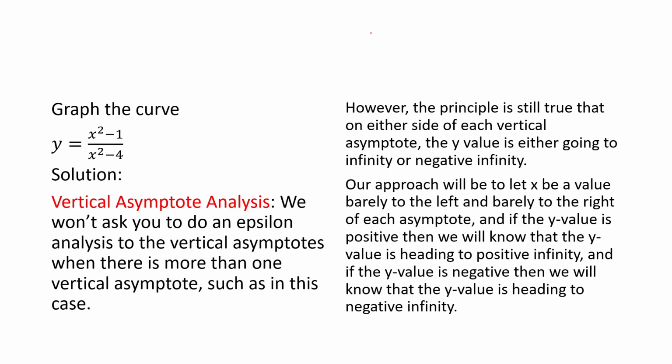For instance, if we're testing the vertical asymptote at x equals 2, rather than let x equal 2 minus epsilon and 2 plus epsilon, we will let x be 1.99 and 2.01. It kind of serves the same purpose. It's not as elegant, but it's still going to give us an idea of the behavior of the curve on either side of that vertical asymptote.